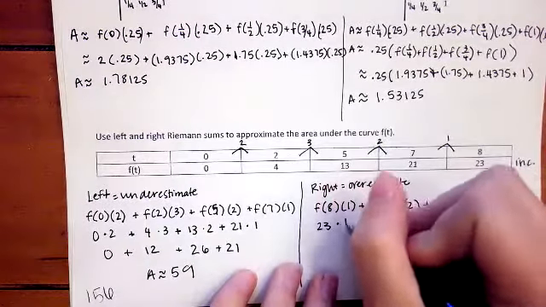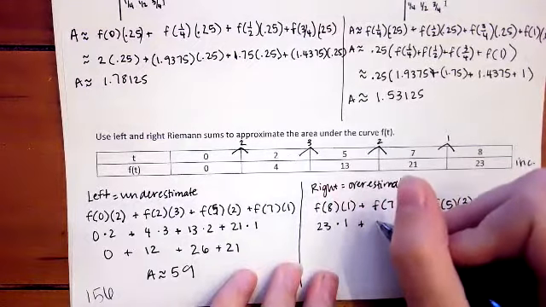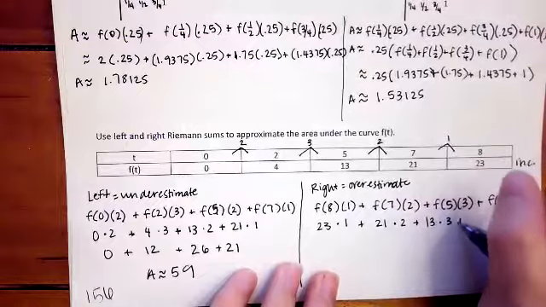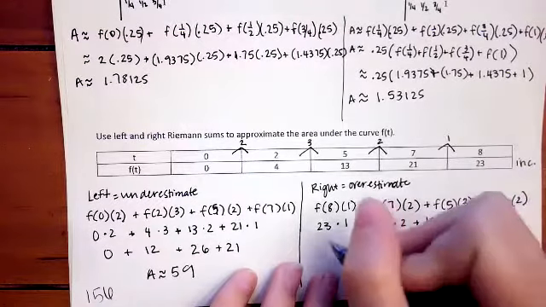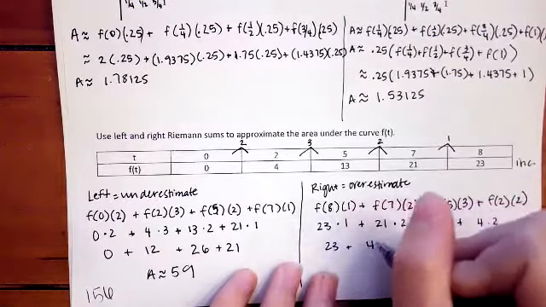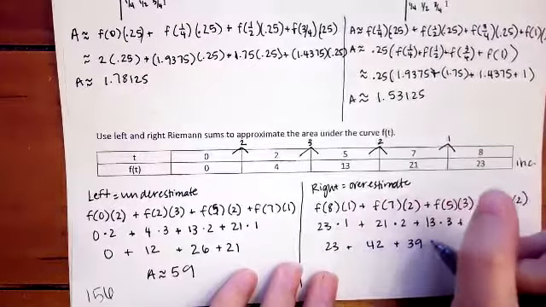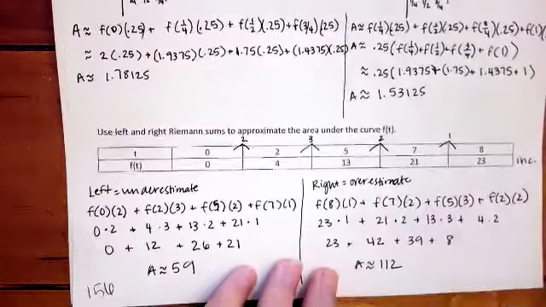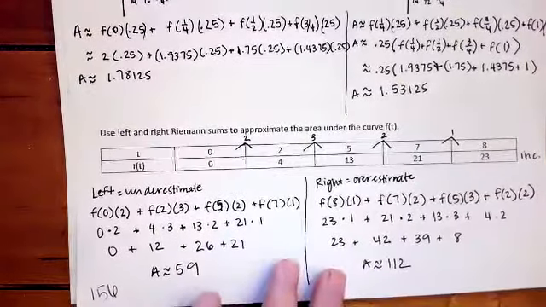Again, we are given the numbers for these. We have an area of approximately 112.